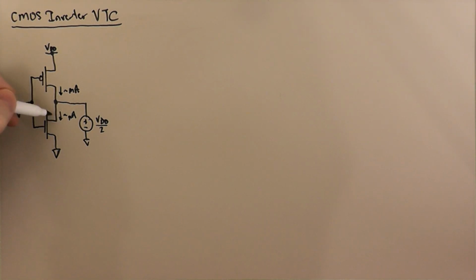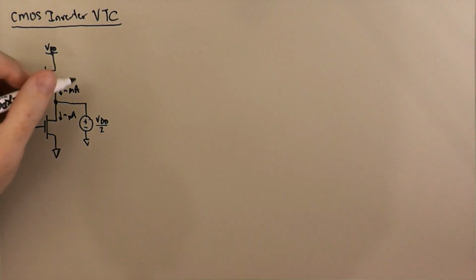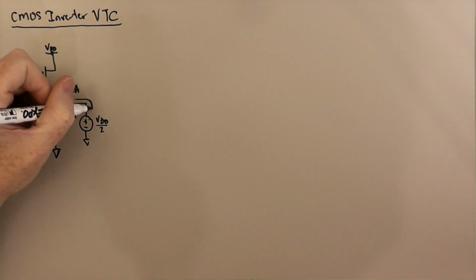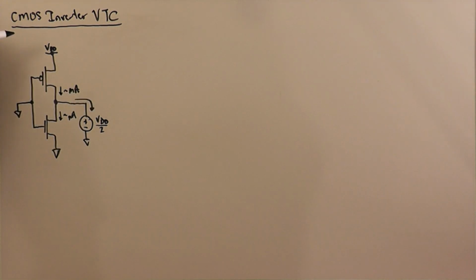The NMOS transistor is going to be pulling at most a few picoamps. And so this voltage source that we are holding the output with is going to have to eat this milliamps of current in order to maintain the voltage here at 2.5 volts.